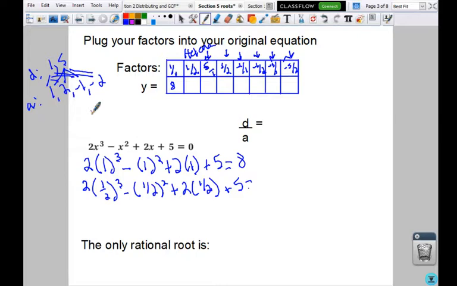I'm lost. Okay. So you did the squared, and then it will be plus 2 parentheses. Definitely not 0.